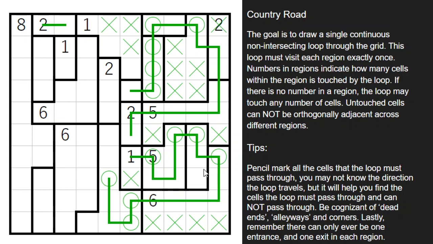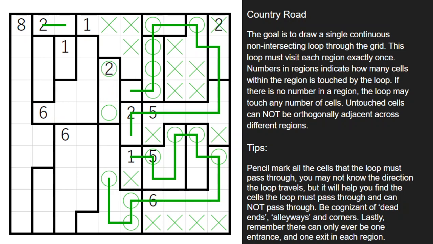And where would I look now? Well, this 2 region here, we know this is going to be part of it because you can't have it be those 2 and that one be an X. That wouldn't work.